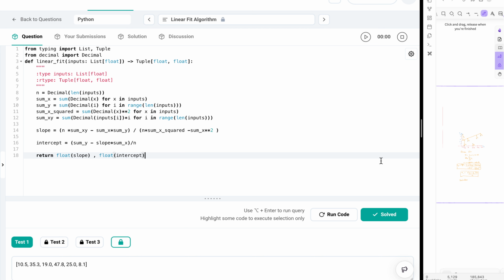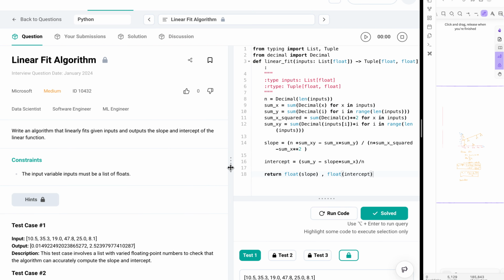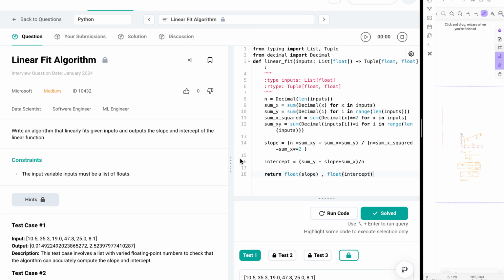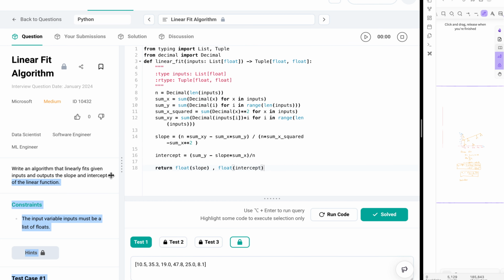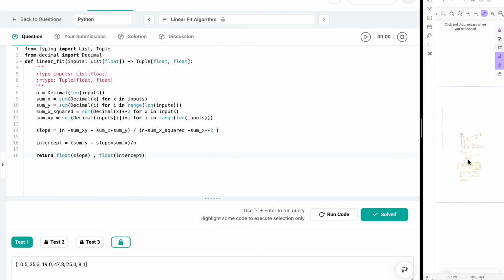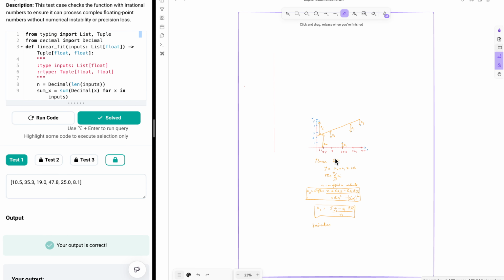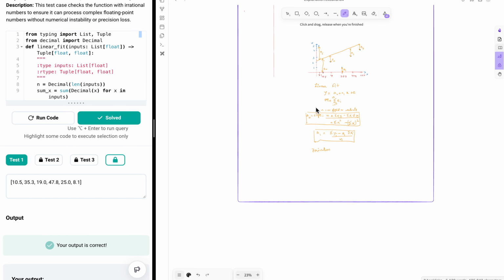So this is the algorithm for linear fit. It's a basic algorithm, and this is the first algorithm that you learn in machine learning. And as promised, now I'm going to show you how I come up with these formulas.